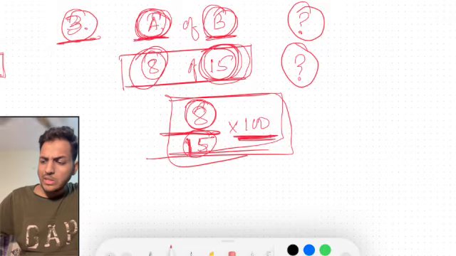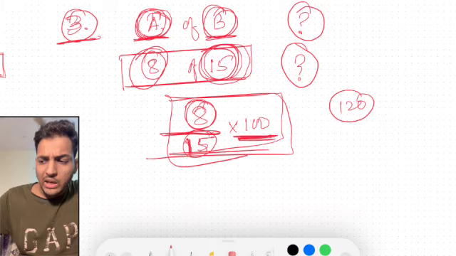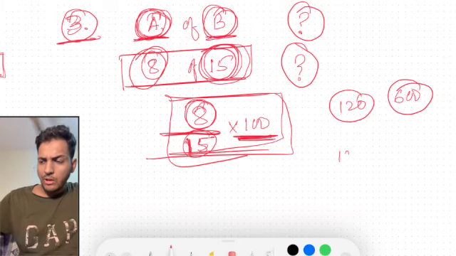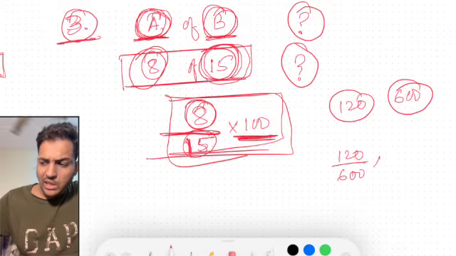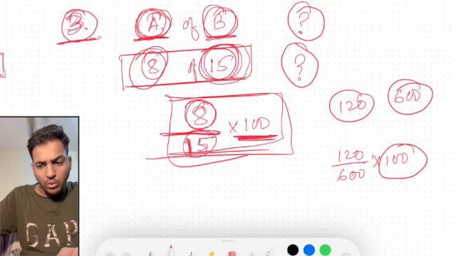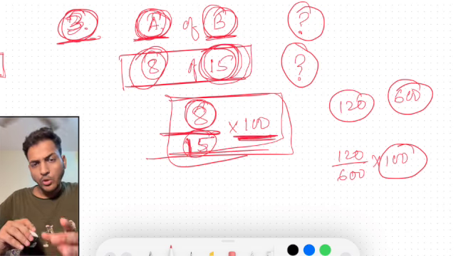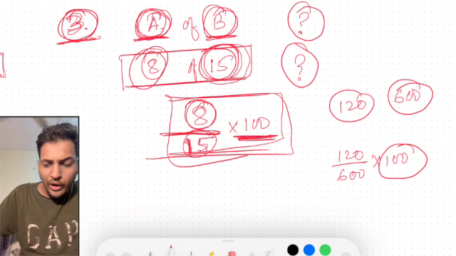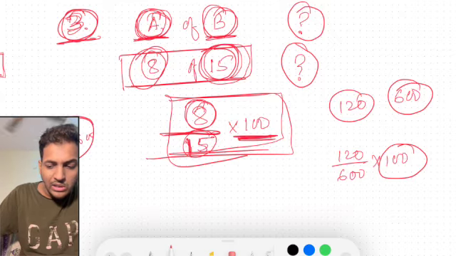Now you can easily find it like that. If I ask you 120 is how much percent of 600, you calculate 120 by 600 into 100. In the second rule I gave you a different question. If I ask you to find 15% of 600, that will be different: 15 by 100 into 600.